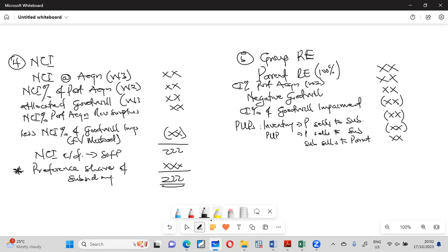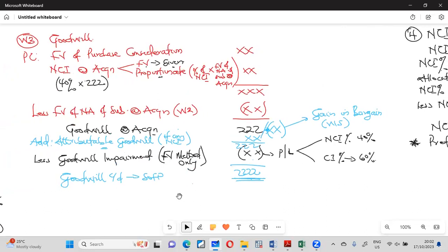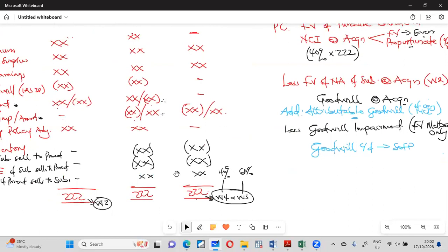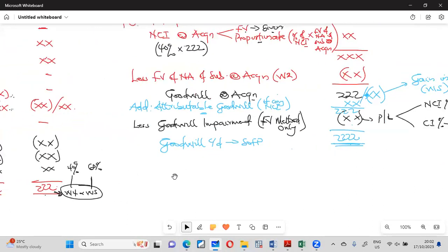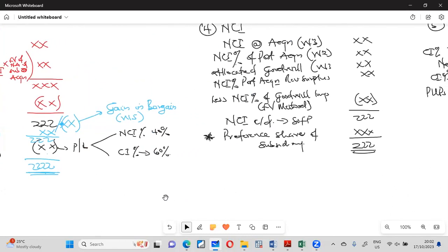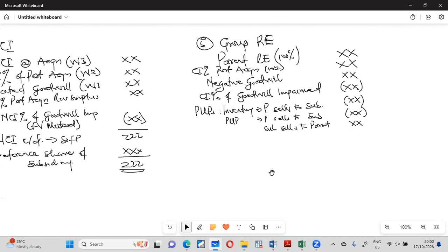Don't forget, just as it happened the other way around here, when we were doing the workings two, when parent sells to sub, you see it's a positive here. So also when you come, and it happens for only PPE, so when sub sells to parent, it comes here also. So I will show you those adjustments when we look at the adjustment, why they are coming there. All right. We call it excess depreciation. All right. So that is that.